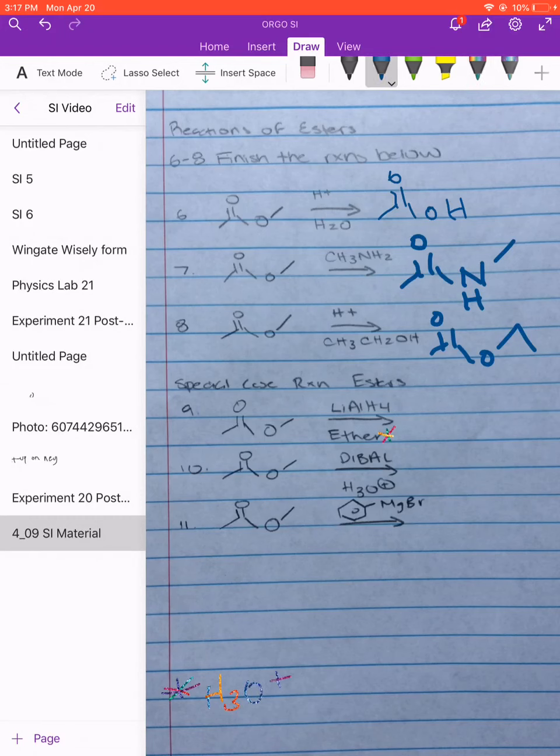So sorry about that. What's going to happen is that this is going to form a primary alcohol. So you can draw that. And then if we have an ester with DIBAL, then we're going to form an aldehyde.